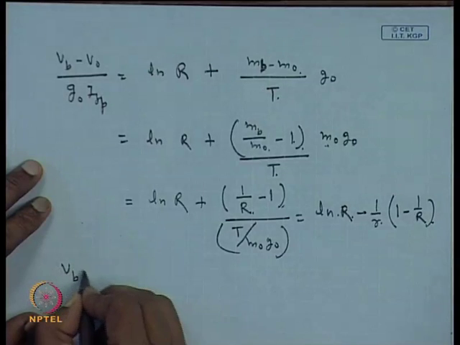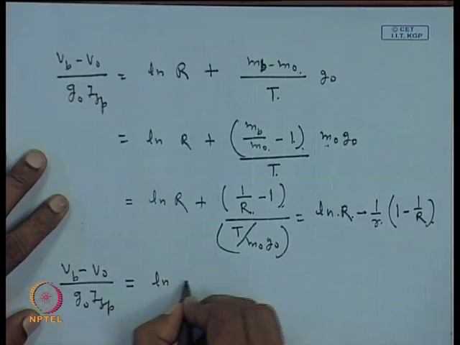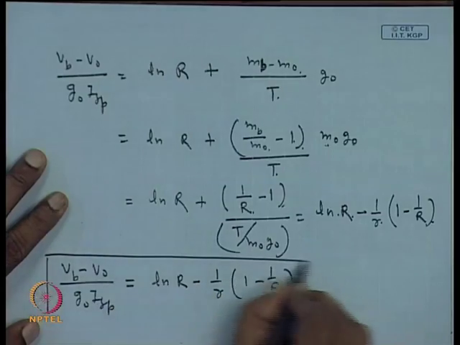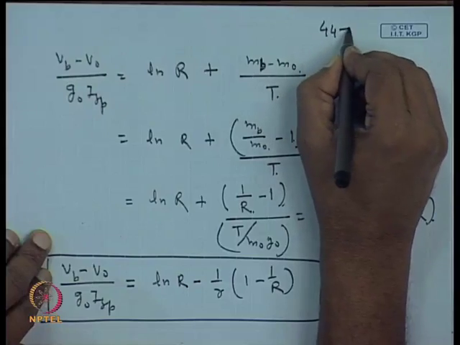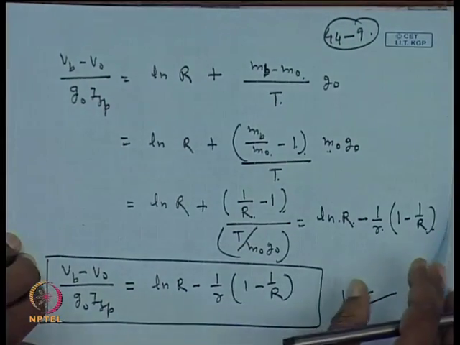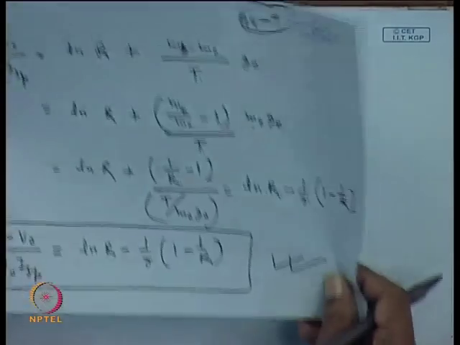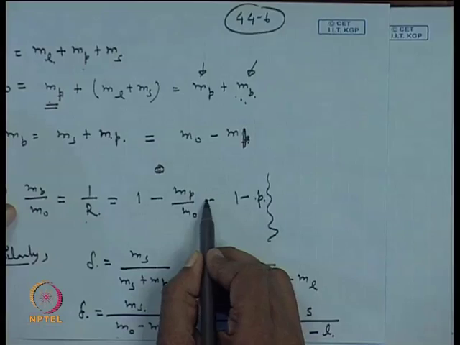So, what ultimately we see is that (Vb minus V0) by G0 Isp can be represented as ln r minus 1 by r times (1 minus ...). And 1 minus 1 by r, we have also written as, if you look from this equation, mb by m0 is equal to 1 by r, and this has been written as 1 minus p.